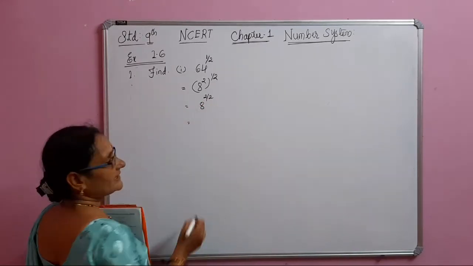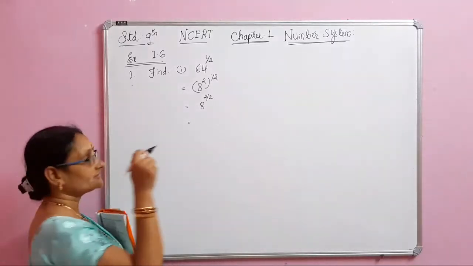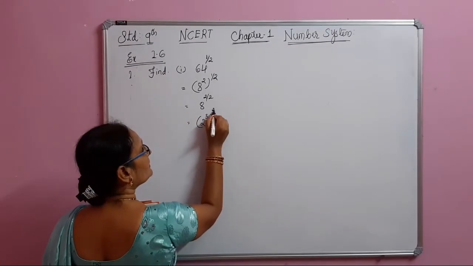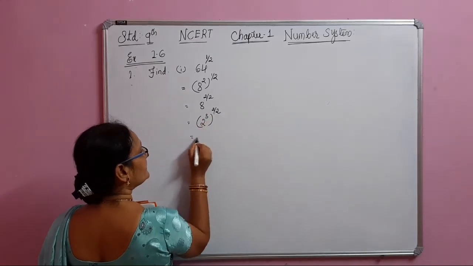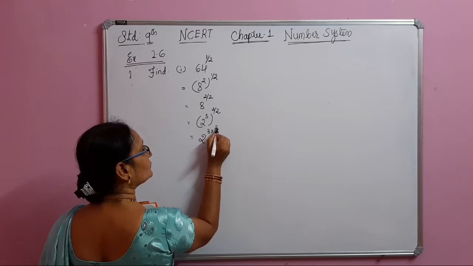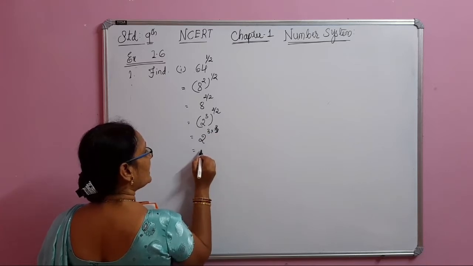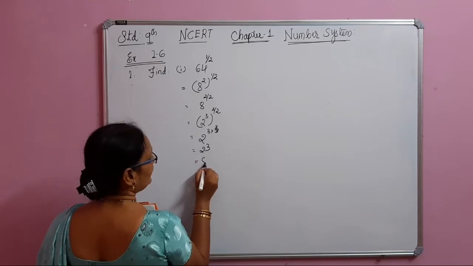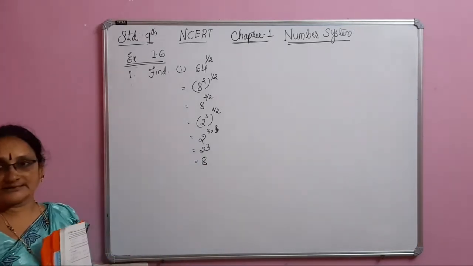Now 8 can be written as 2 to the power 3, so 2 to the power 3 whole to the power 2 by 2. The 2s got cancelled. Here the answer is 2 to the power 3, which is 8.